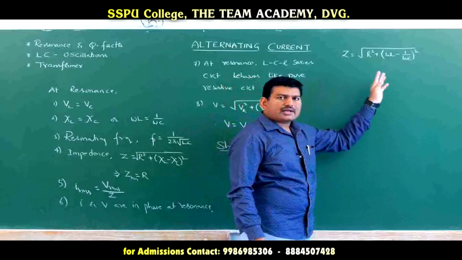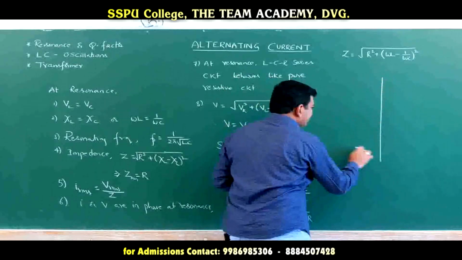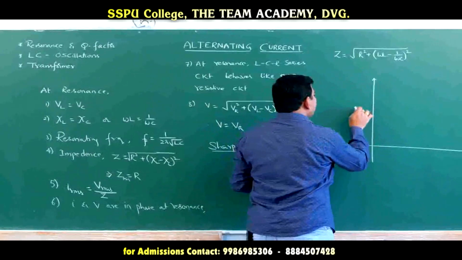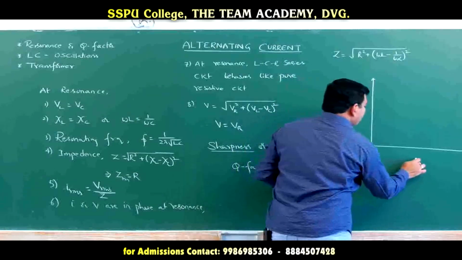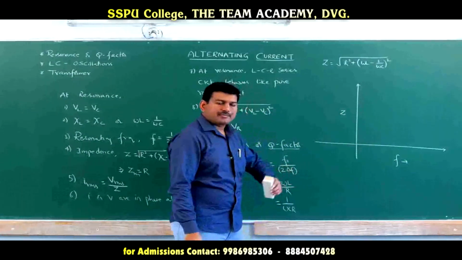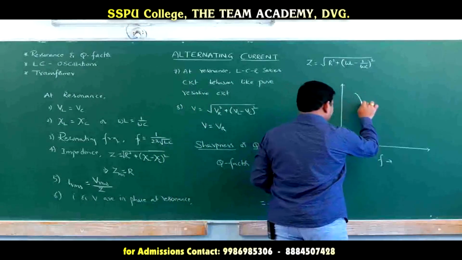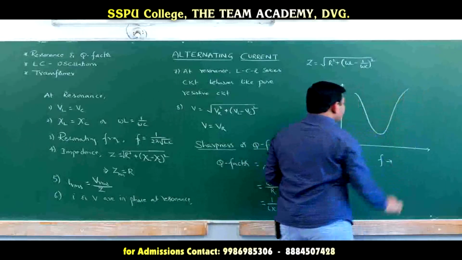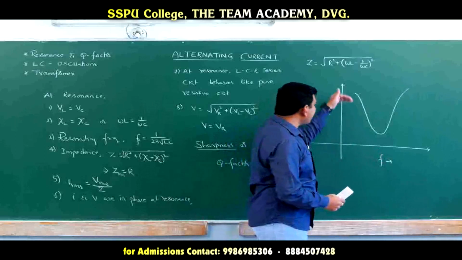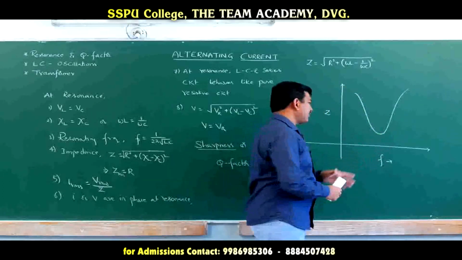Then if you plot a graph for this case, we will see here the graph for the variation of impedance with the frequency of the circuit. If you see, the graph will be like this. So what it says? As the frequency increases, in the beginning the impedance goes on decreasing and becomes minimum for a particular frequency.